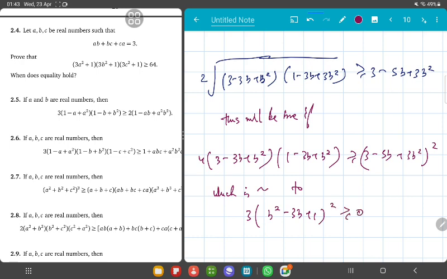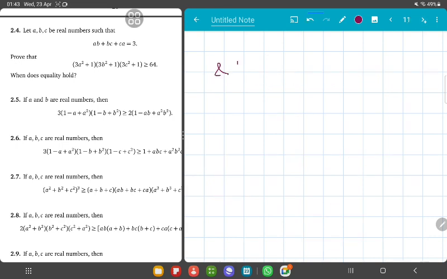The equality occurs for a greater than 0, and 3 minus 3b plus b square equals 1 minus 3b plus 3b square, and b square minus 3b plus 1 equals 0.